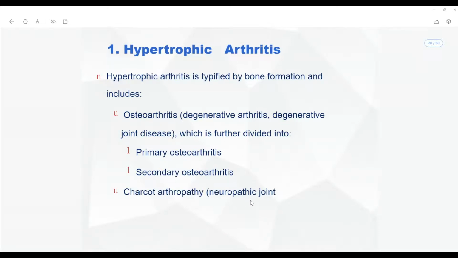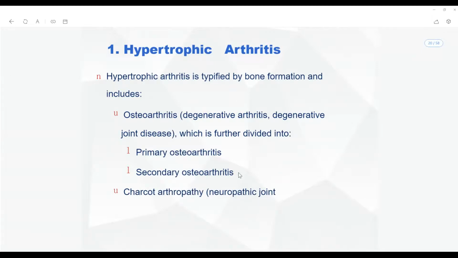Every joint has a neurovascular supply, and that is what can cause pain, and those joints are called Charcot joints. So Charcot arthropathy may also be seen in these conditions.